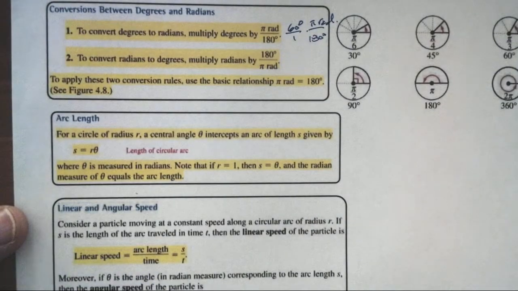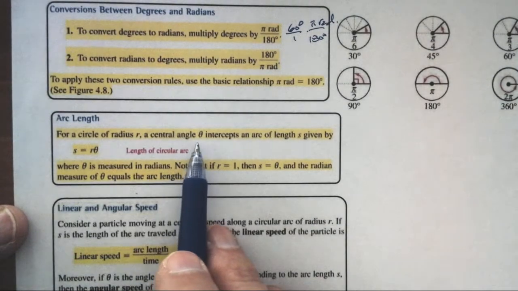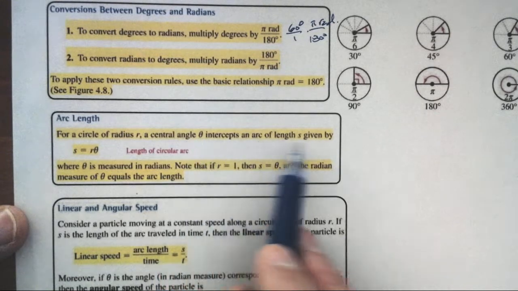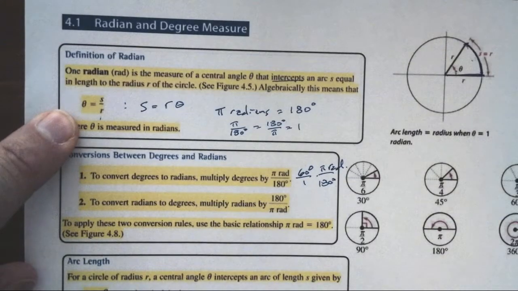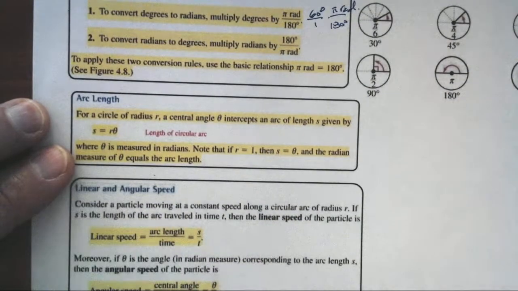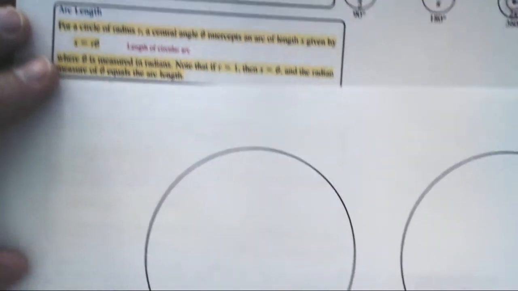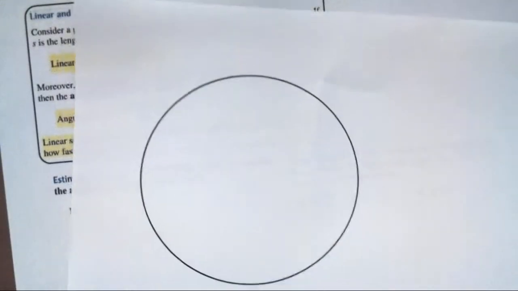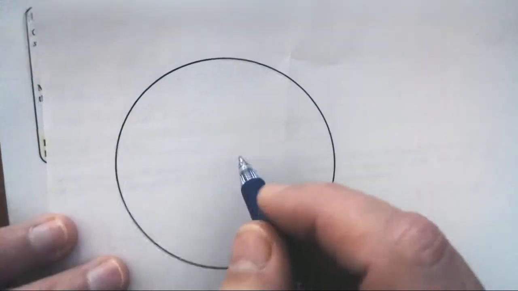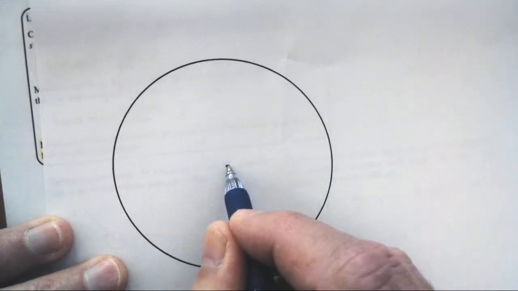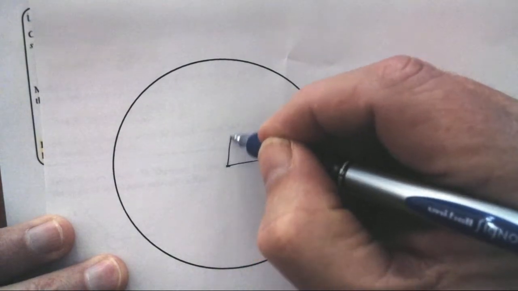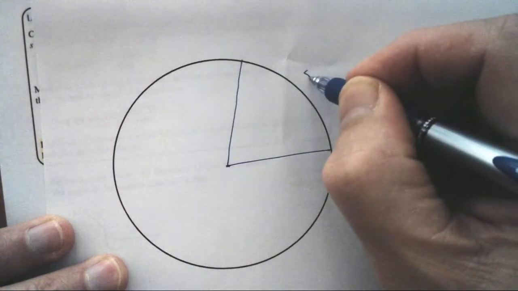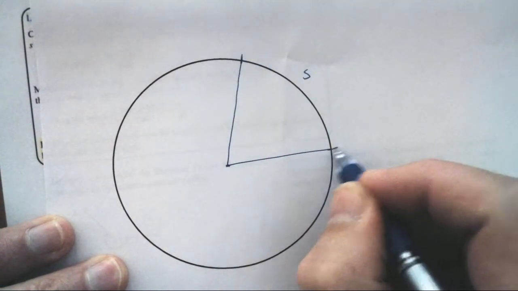Okay, for a circle of radius r, a central angle theta intercepts an arc length given by this. Well, I guess I understand that if I understand this, but let's talk about that for a minute. Here we've got a circle, obviously, and let's just say from the center of that circle we're interested in finding the measure of this arc right here.